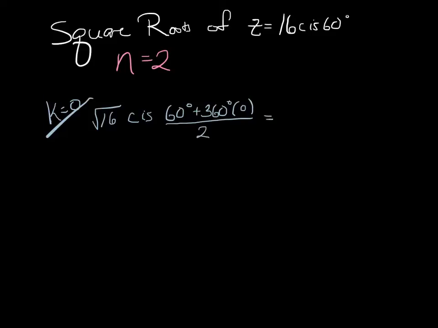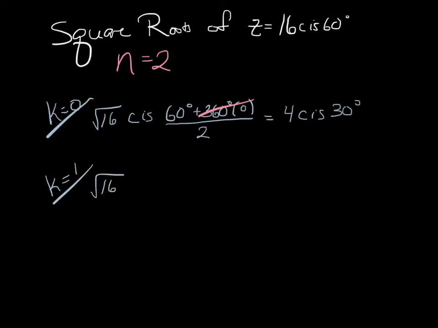So that simplifies to be 4 cis. This is 0. 60 divided by 2 is 30 degrees. But now we do this again for k equal to 1. Square root of 16 cis, 60 degrees plus 360 times 1 over 2.